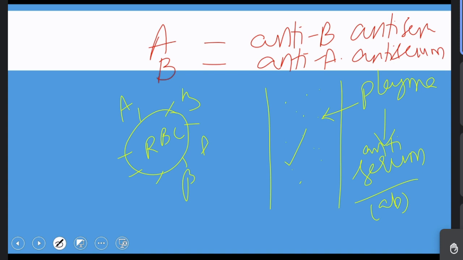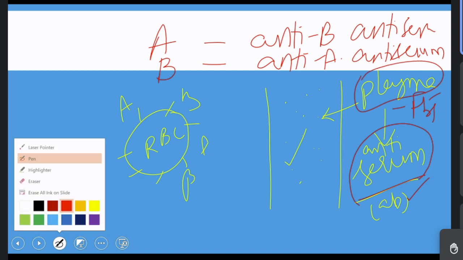After clotting, a yellow colored fluid comes out of the clot, and that fluid is without fibrinogen, which takes part in blood clotting or coagulation. Thus, plasma minus fibrinogen is called serum. Plasma is fluid, serum is also fluid. The only difference is that it is without fibrinogen, and this serum contains all the antibodies present in the plasma. Hence, it is called anti-serum.